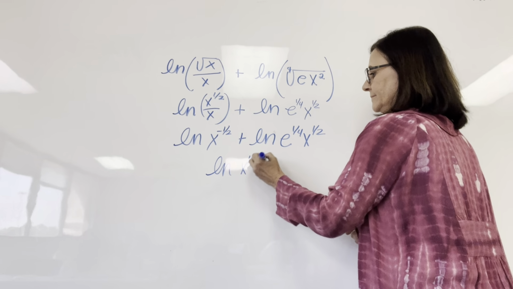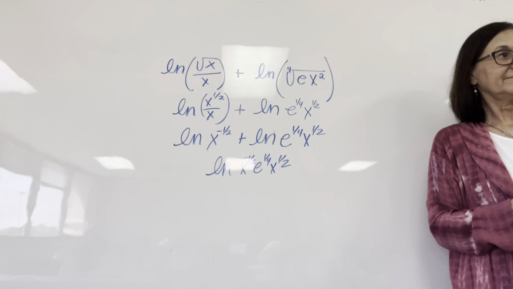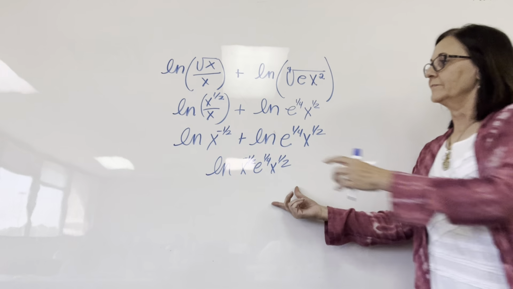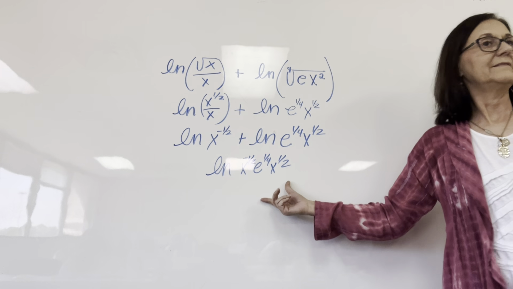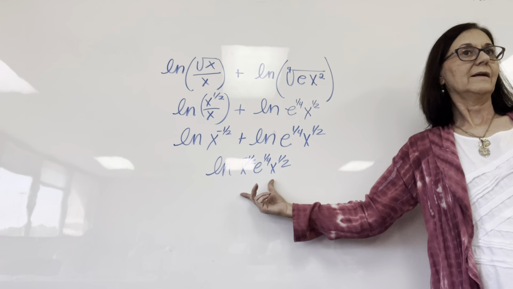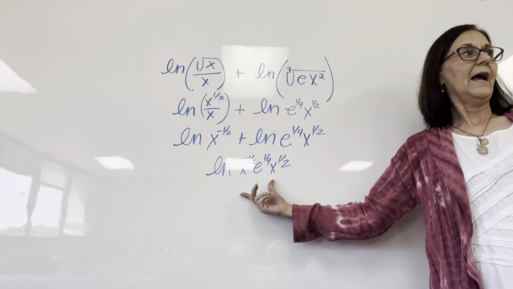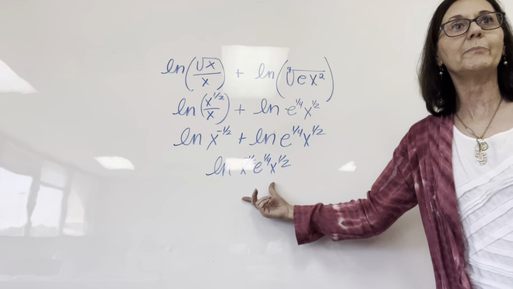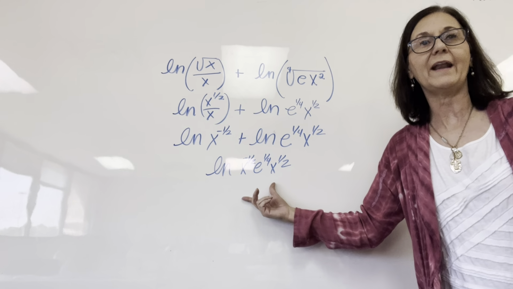I forgot that little negative. Can I combine my x's? Oh, I forgot my negative. How do I combine my exponents? Michael, you doing okay? How do you combine your exponents? Addition.